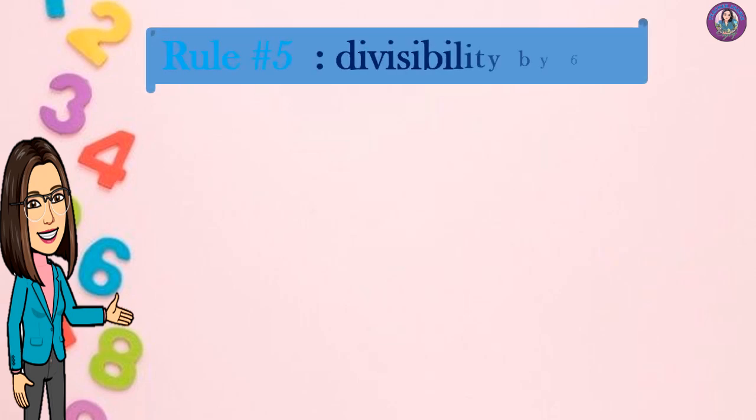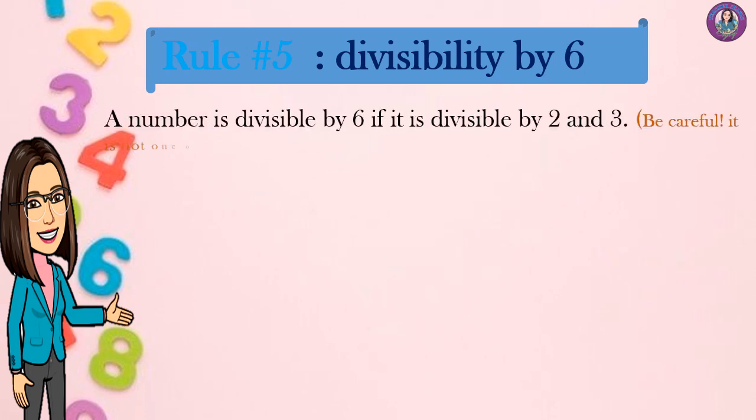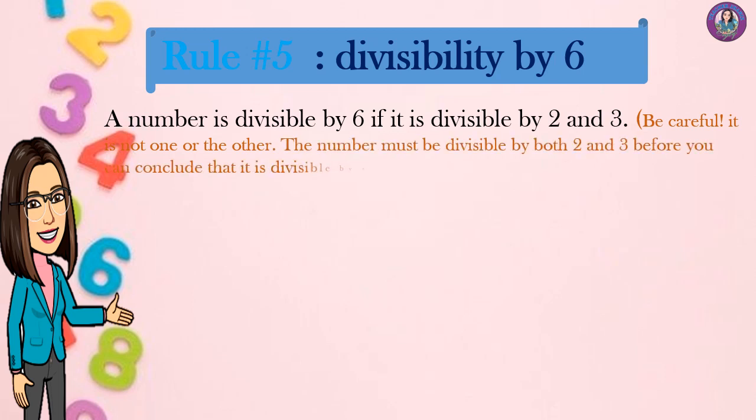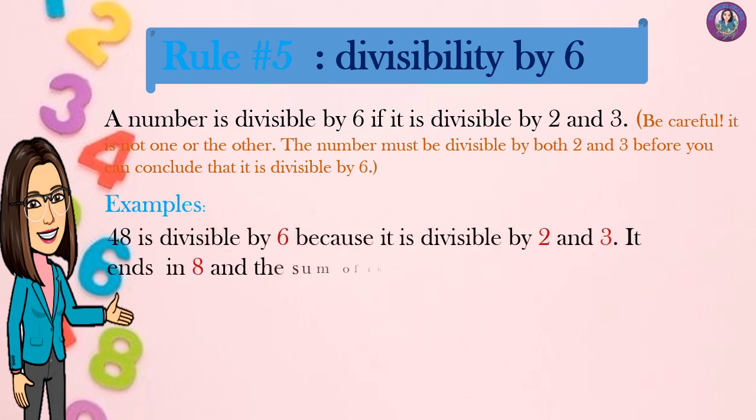Rule number 5, divisibility by 6. A number is divisible by 6 if it is divisible by 2 and 3. Be careful, it is not one or the other. The number must be divisible by both 2 and 3 before you can conclude that it is divisible by 6. Examples. 48 is divisible by 6.